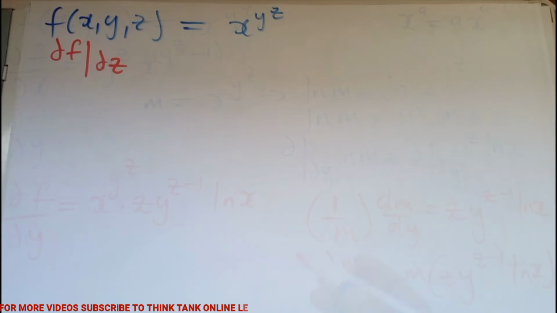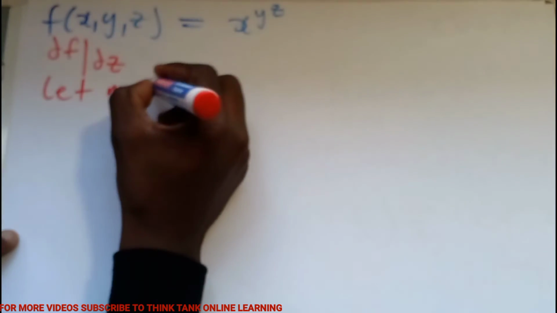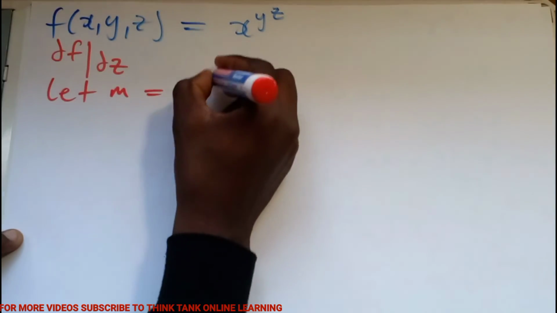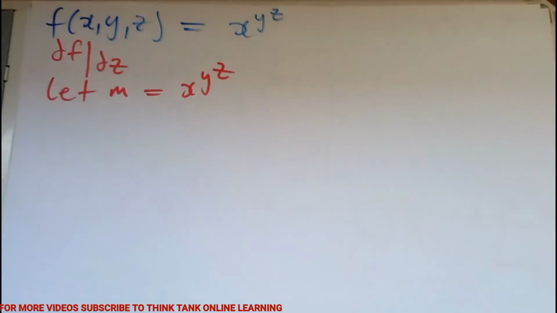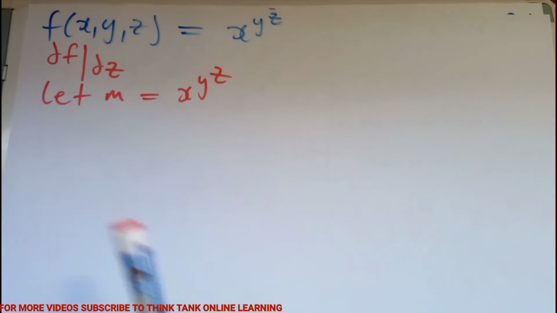On this part, it's not that hard. What we're going to do is just apply laws of logarithms. Let m be equal to x to the power y to the power z. Remember, m is now a variable, it's not a constant. x and y are constant, but m is no longer a constant.